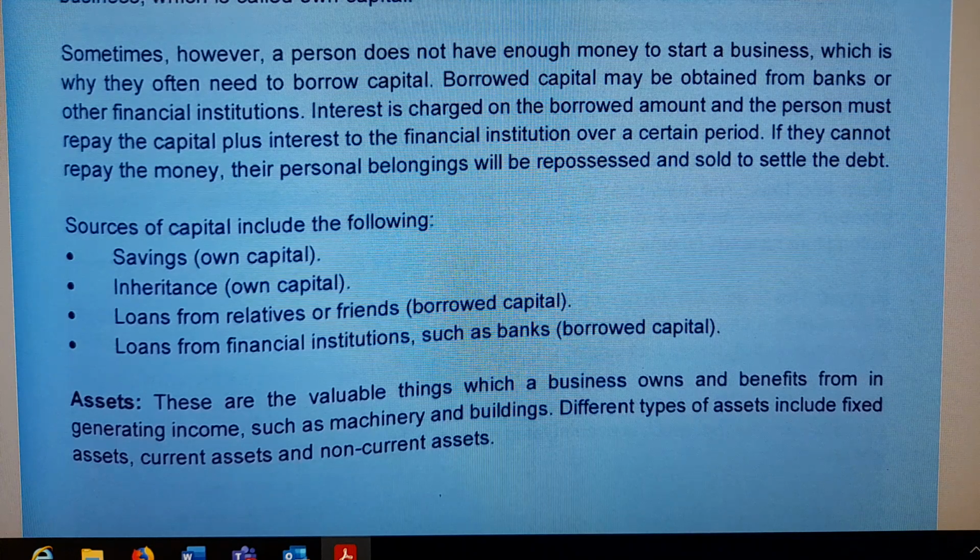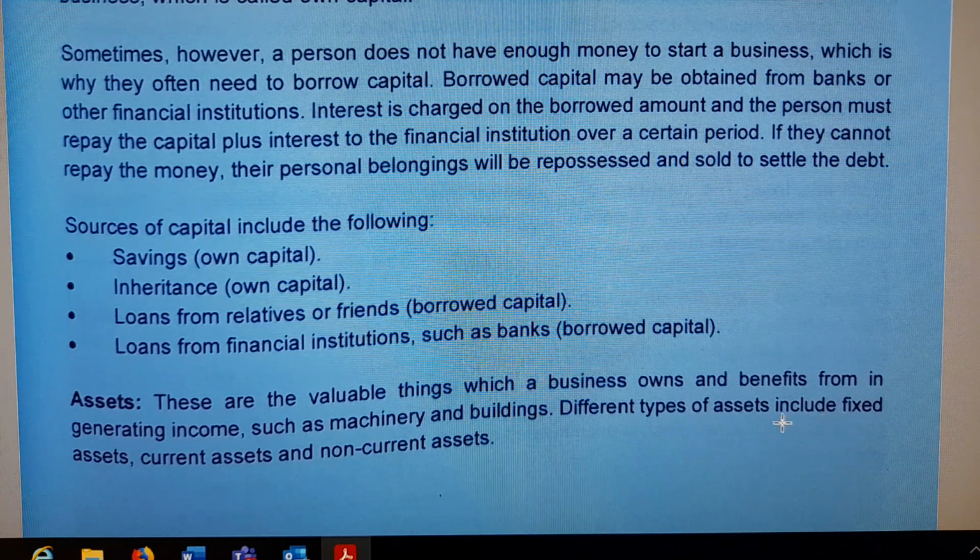Okay, so we are done with capital. We look at the second term in our accounting language, which is assets. These are the valuable things which a business owns and benefits from in generating income, such as machinery and buildings.